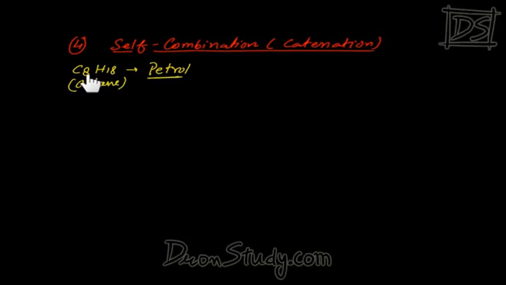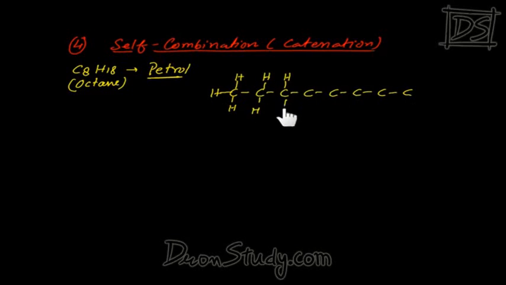You know petrol? Petrol is made up of this. If I make the structure of this, 8 carbon atoms are connected with each other. 5, 6, 7 and 8. And with each carbon, what is connected? Hydrogen, like this. In this way, hydrogen will keep attached. Carbon, hydrogen, carbon, hydrogen, carbon, hydrogen.